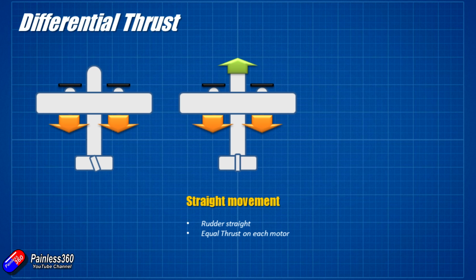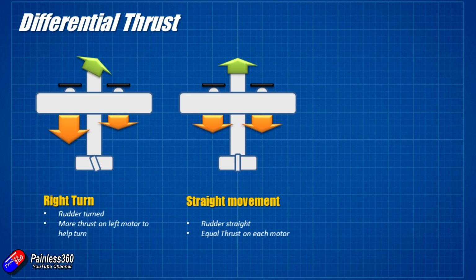So now we're going to move the rudder and we're going to want to move the plane over towards the middle of the slide again. Well, this time what we want is the engine on the outside of the turn to speed up and the engine on the inside of the turn to probably throttle back just a little bit. So it does that, the result of which is that the plane is going to turn to the right.